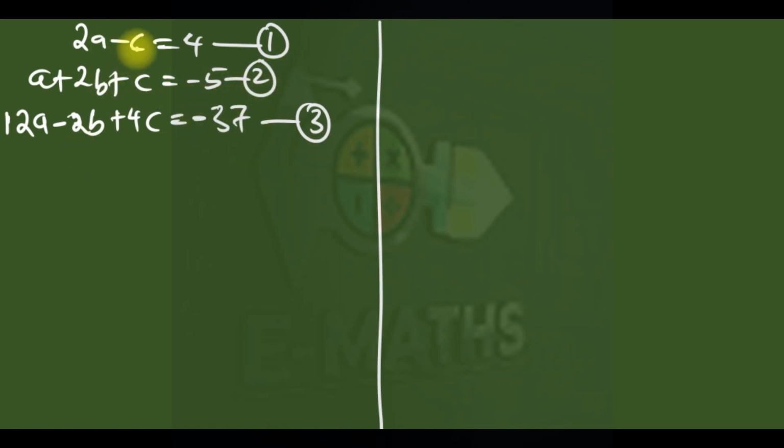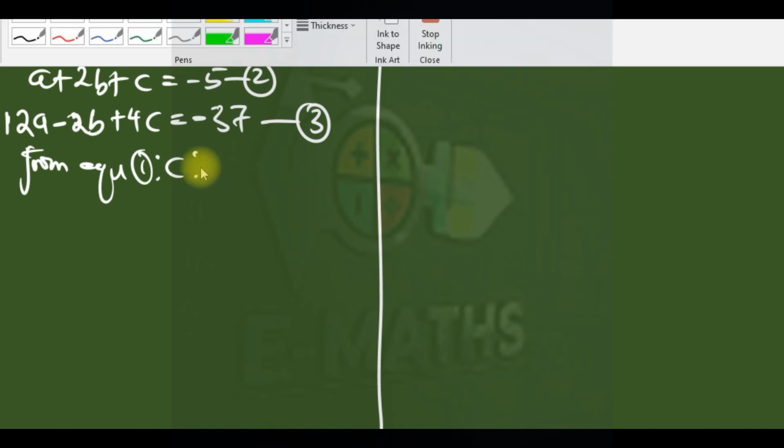To eliminate c, I'm going to make c the subject of formula in equation 1 and substitute in 2 and 3. From equation 1, c is equal to 2a minus 4. Let me call it equation 4. I now substitute in 2 and 3.